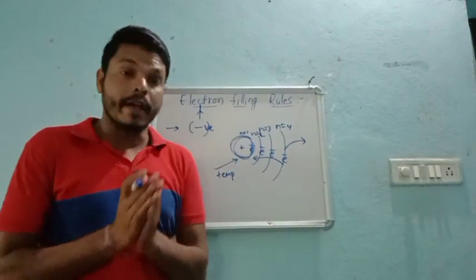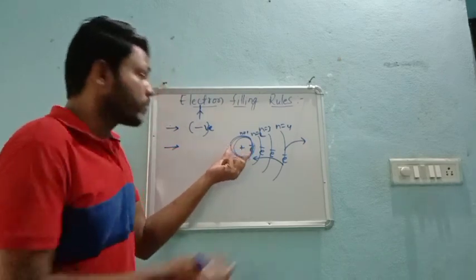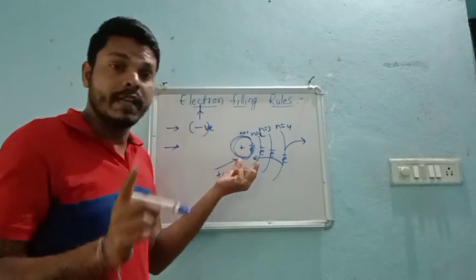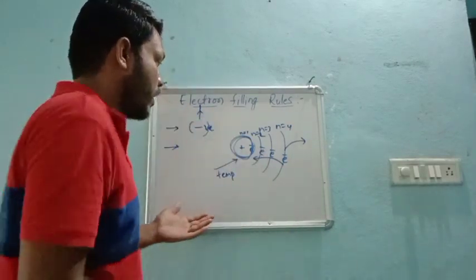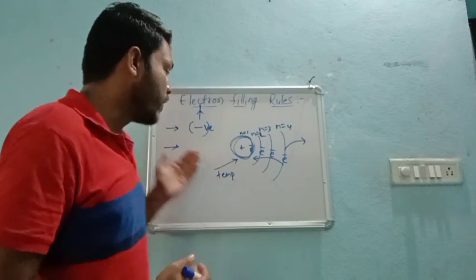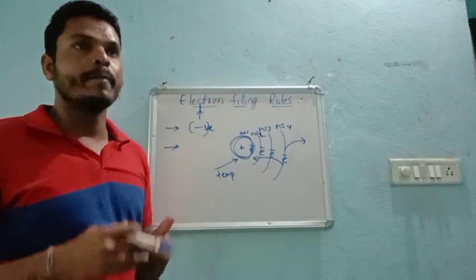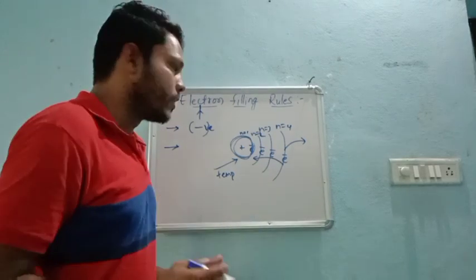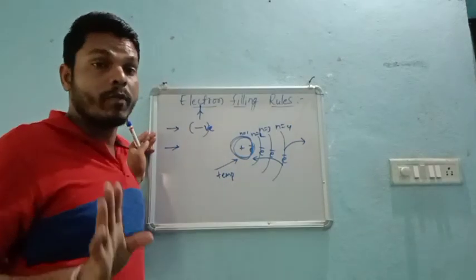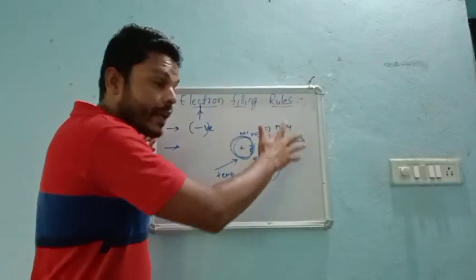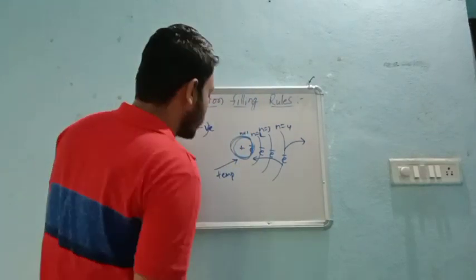That means an electron always retains its energy when it is revolving around the same shell, but it increases or decreases its energy when we apply external energy in the form of chemical energy or physical energy. So these are some extra characteristics. I am not going into detail about Bohr theory, but only the characteristics we need now for the electron filling rules.